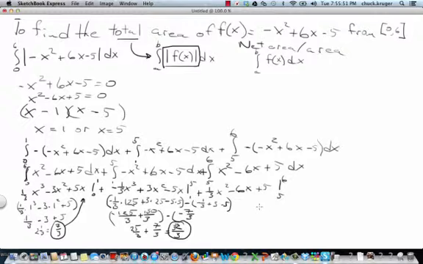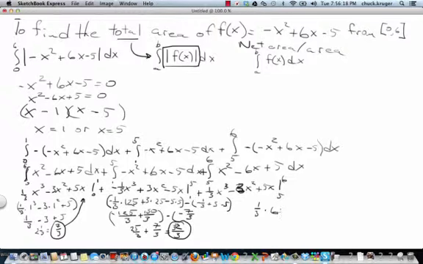Now I'm going to do this particular one. I'm going to get 1/3 times 6. This should be cubed, by the way. Yes, this should be 1/3 x cubed, and this should be 3x squared, and this should be 5x. I'm sorry about that.